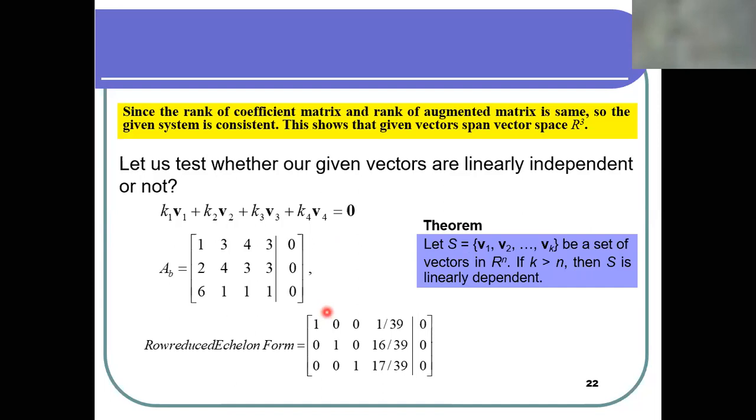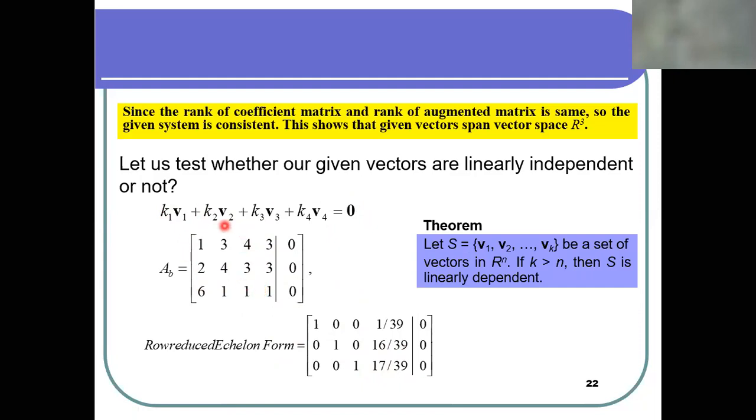In that case, if you reduce this matrix into echelon form, even then you get some non-zero values of ki. If you put v1, v2, v3 over here, you will get a system of three equations in four unknowns.